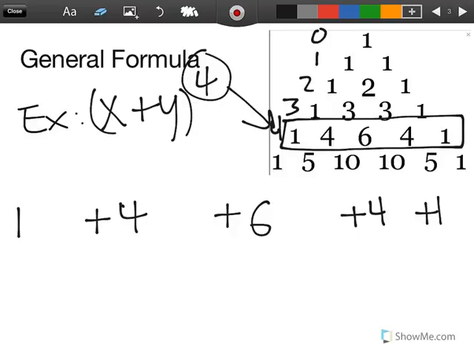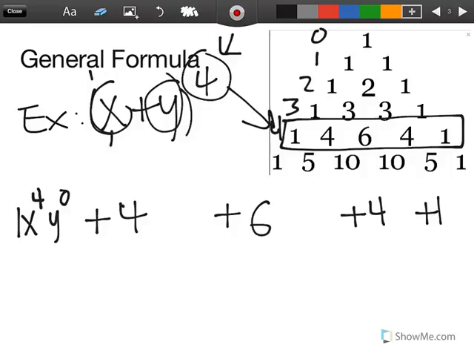Now, when we are solving for the inner part of the polynomial, we start with the first term, which would be x, and x would have a fourth power, and the y would have a power of 0. So these two terms' powers have to add to the power on the outside here. As you can see, x to the fourth, y to the 0, 4 plus 0 equals 4.